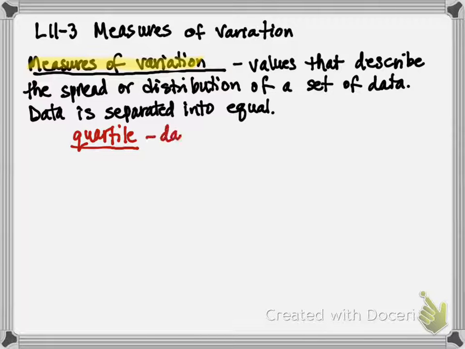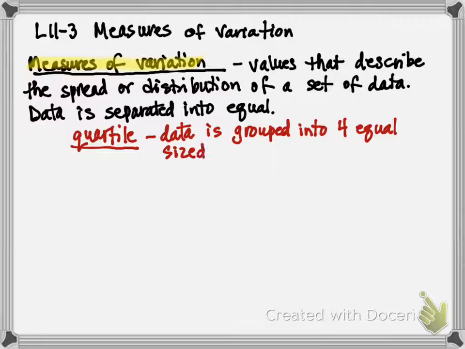So data is grouped into 4 equal-sized groups. Now this doesn't mean that the spread will be the same, but the amount of data in each group is the same.